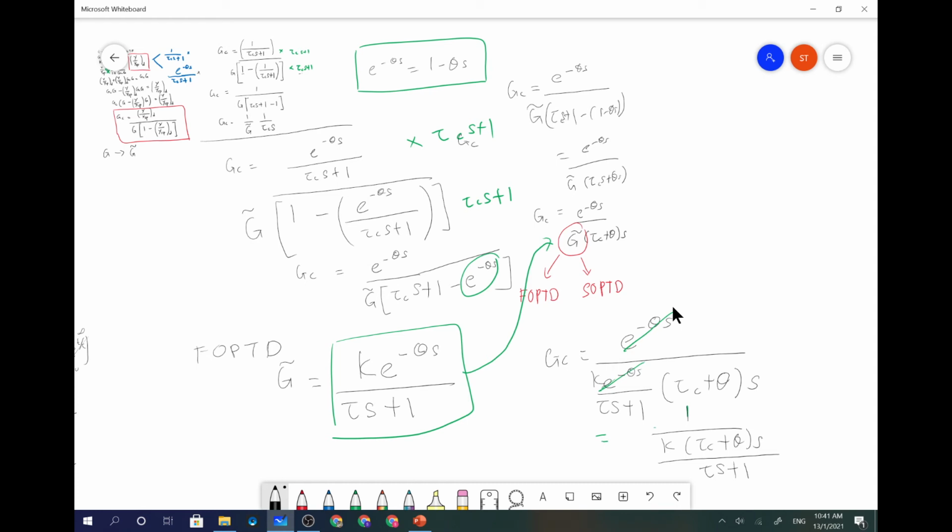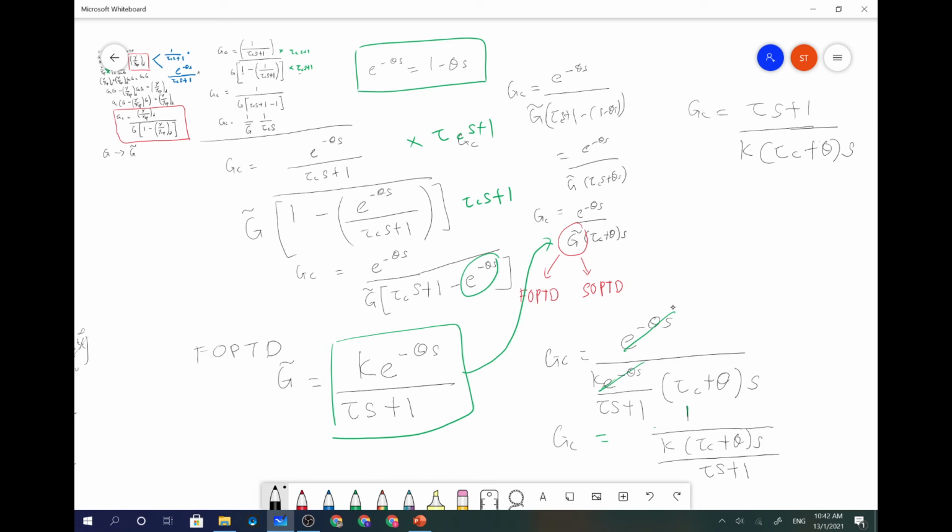And then you should get tau S plus 1 over K, tau C plus theta S. Make sure you try by yourself. Don't get confused.